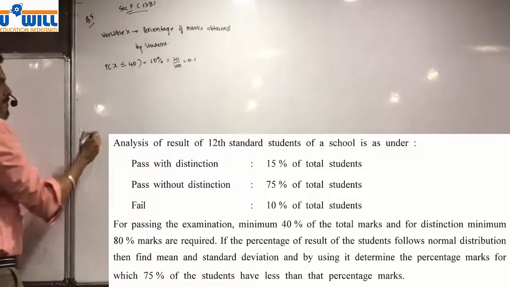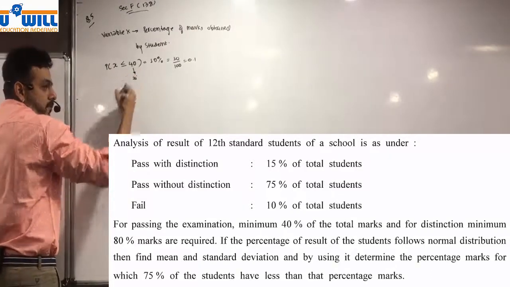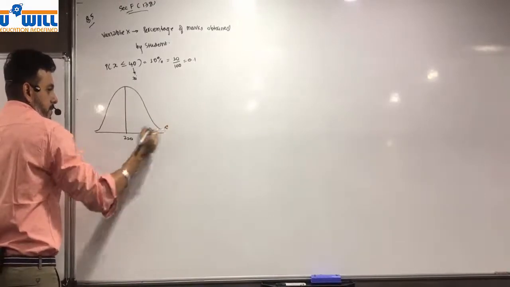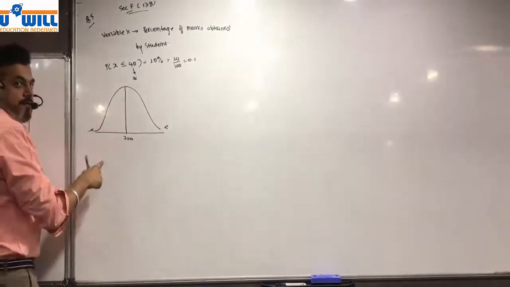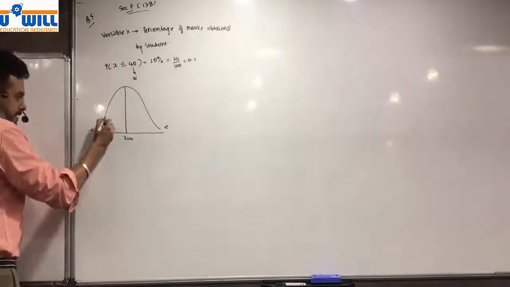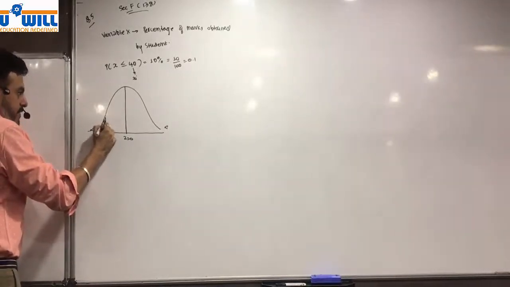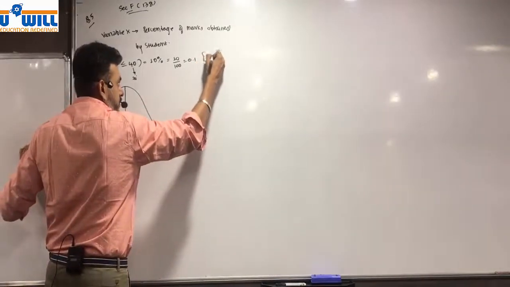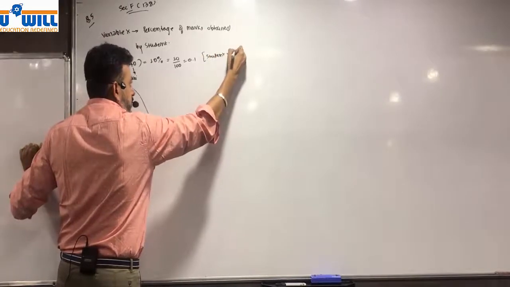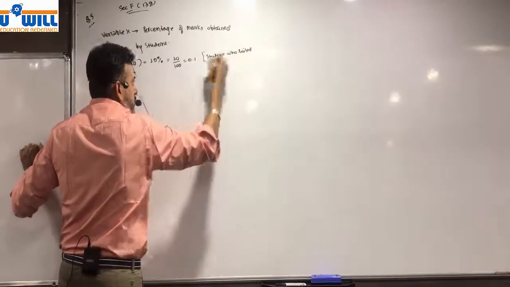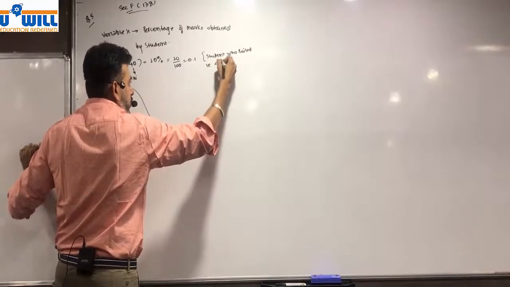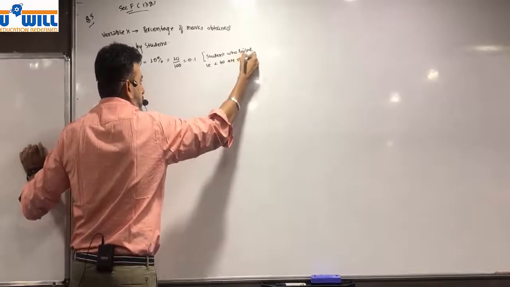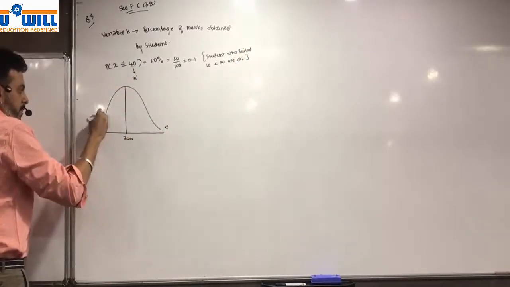We draw the graph. This we take as x1, 40%. Shade the left hand side. These are the students who have failed. You can write over here, students who failed, that is less than 40, are 10%. This is 0.1.